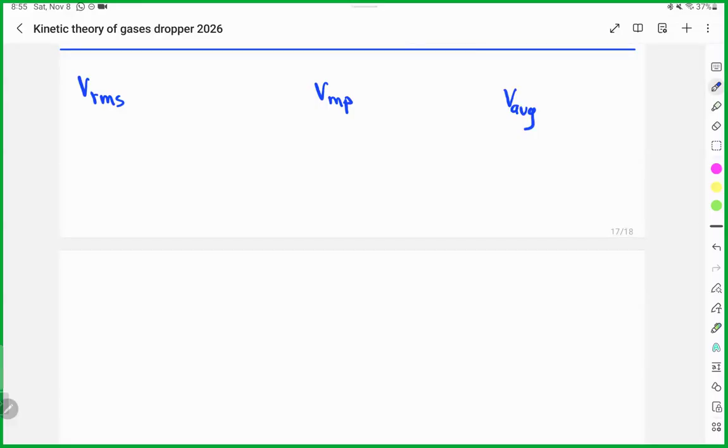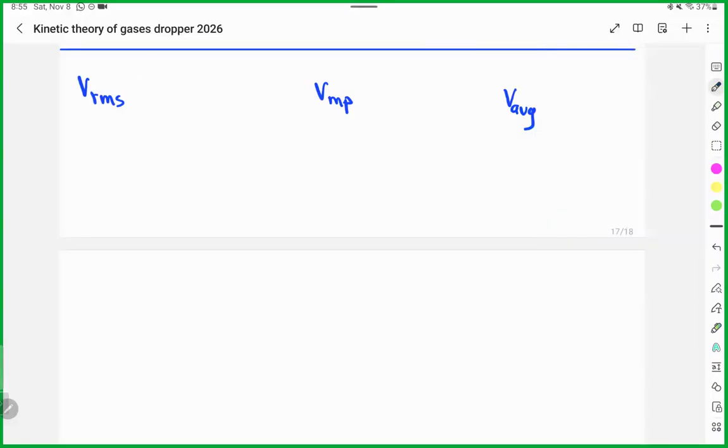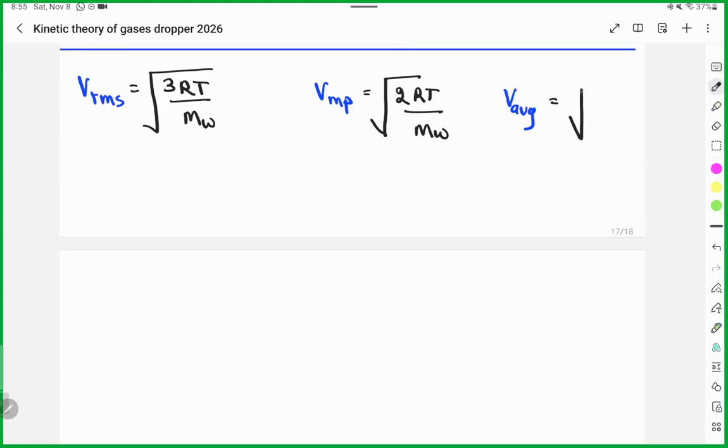If you calculate, in case of vRMS, the value is 3RT by MW, correct? For most probable, it will be 2RT by MW. And for average, it will be 8 by pi, RT by MW.